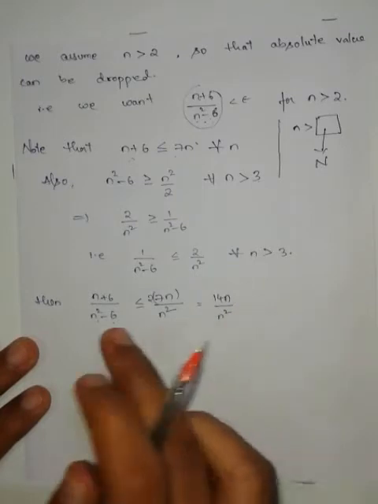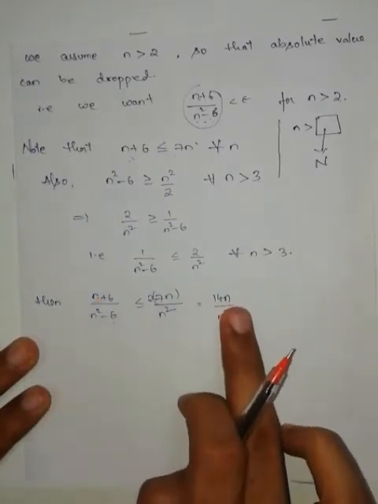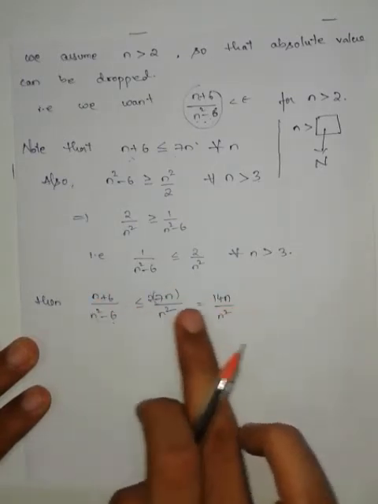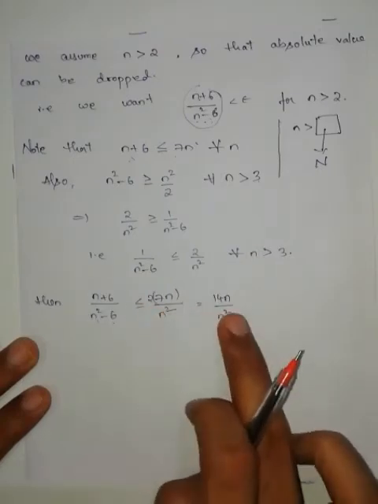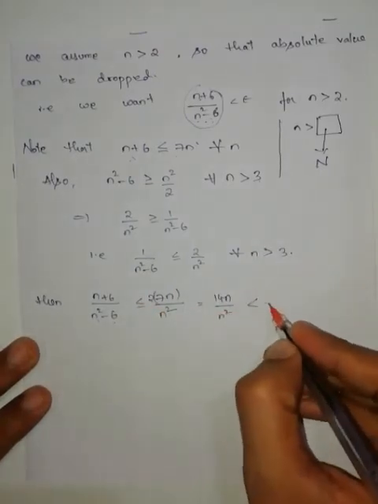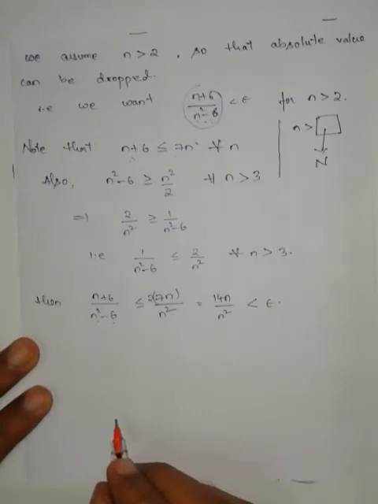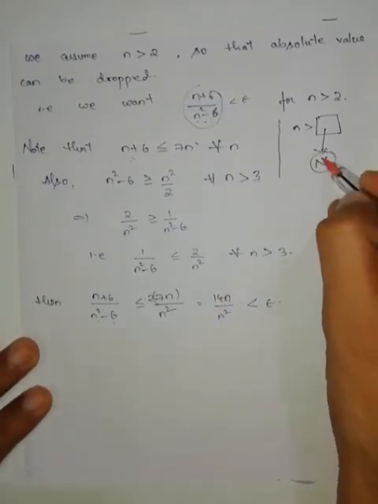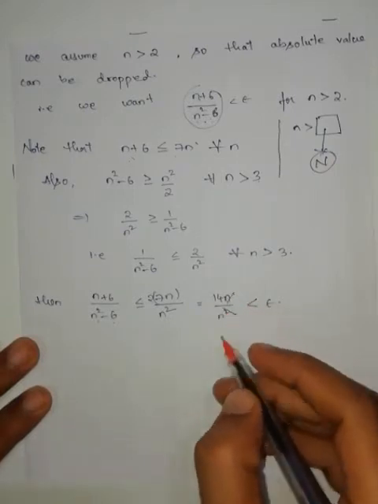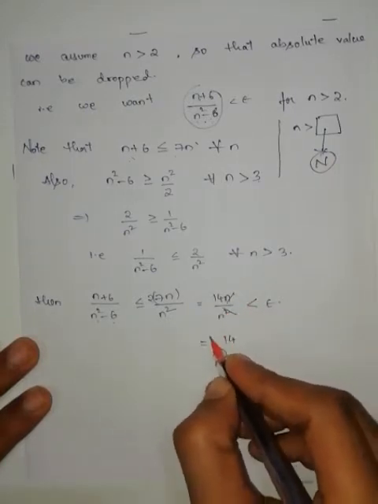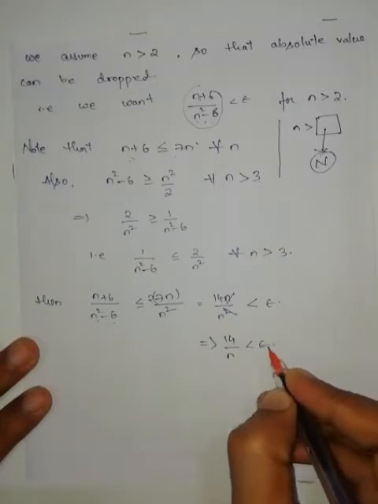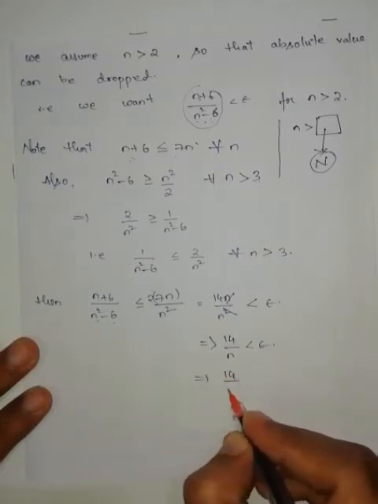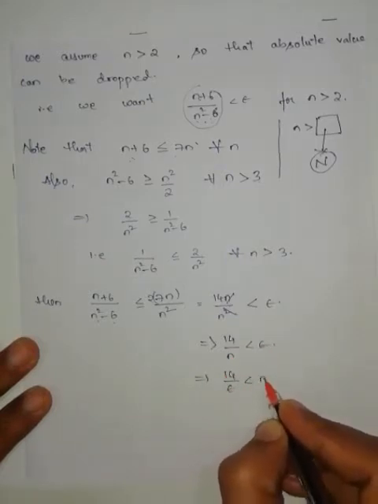Let us take this one, which is less than or equal to this one. Now I consider this one is less than epsilon. This becomes easy to find this capital N. n and n get cancelled. 14/n is less than epsilon, so 14/epsilon is less than n.